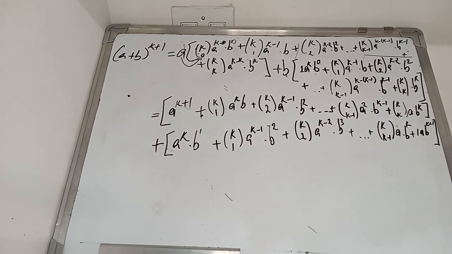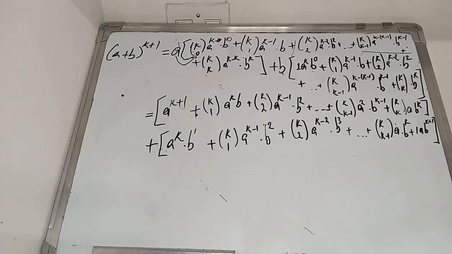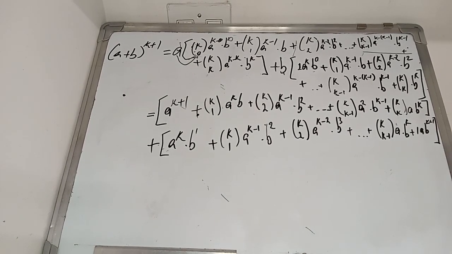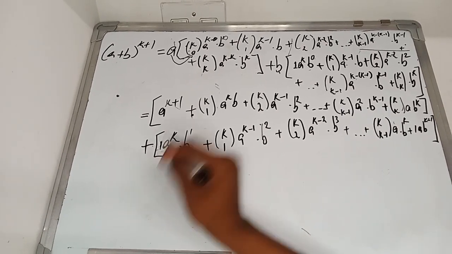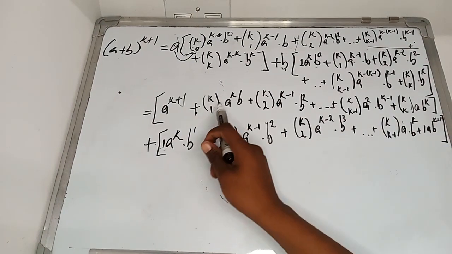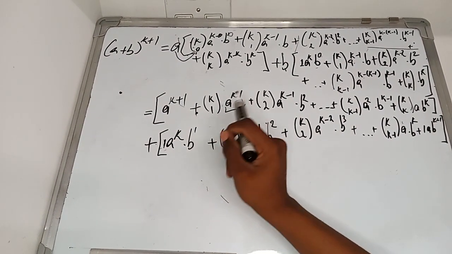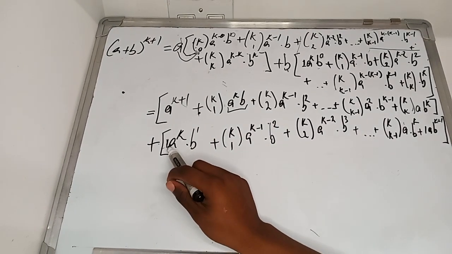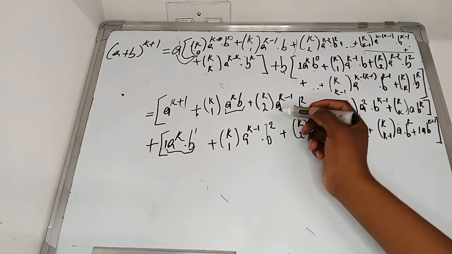Okay, now let's focus on this entity. We know that here we have 1 as our coefficient. So here we have a to the k plus b. We have a to the k times b.